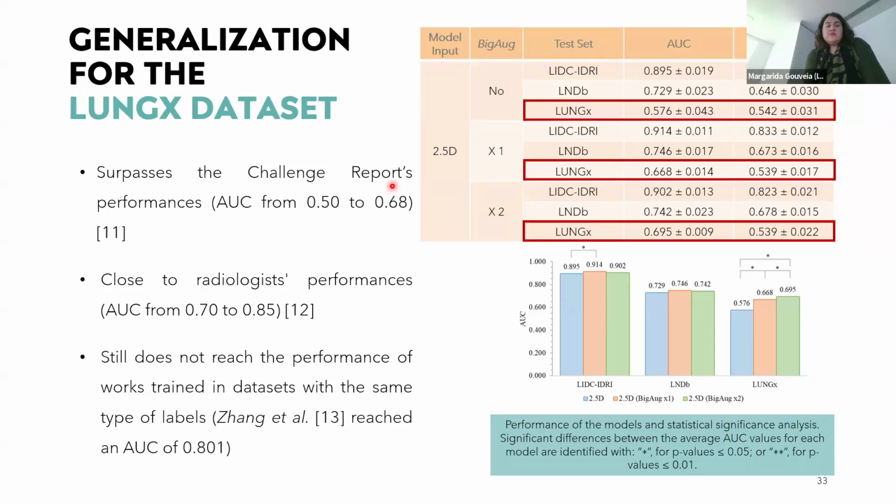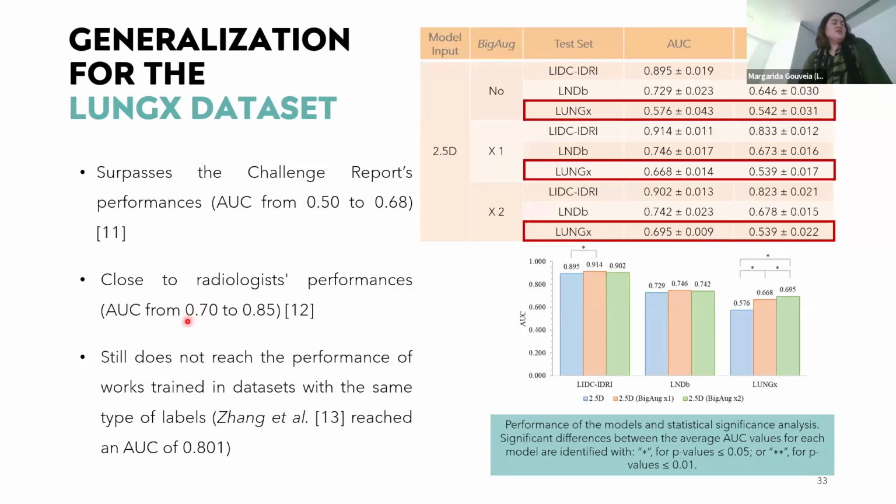And in this challenge report, basically a paper, they explain the models that were submitted to the competition, but they also present the performance of radiologists that evaluated the lung nodules. So it's just visual inspection compared with the biopsy labels. And as you can see, the performance of radiologists is not above 0.9.